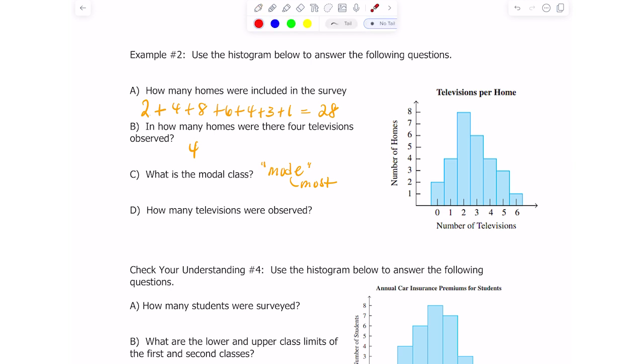So if we're trying to find the number of televisions that occurred the most, on the graph I would look for the peak. My peak is the highest point on the histogram, and right here is my peak. So that tells me that there were 8 homes here that had 2 televisions. So that's the one that occurred the most. So the modal class would be the 2.